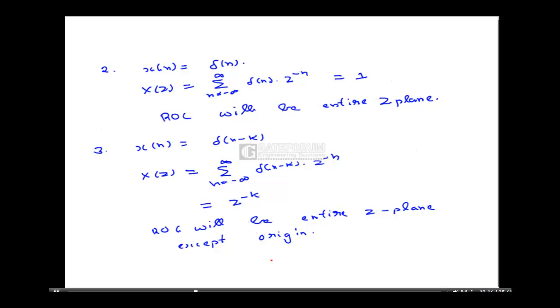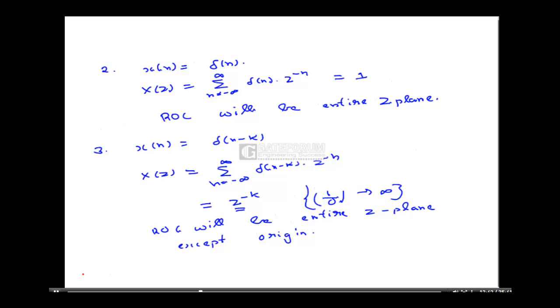When we put 0, this term becomes infinite because it gives a 1 by 0 form, and 1 by 0 is infinity. So we have seen that for a finite duration signal, the ROC is the entire z plane, leaving points like the origin or infinity.